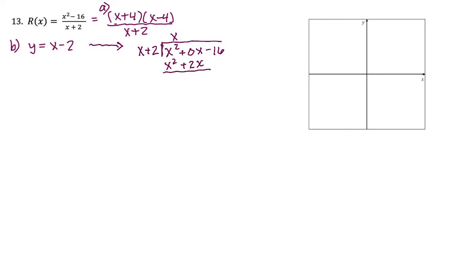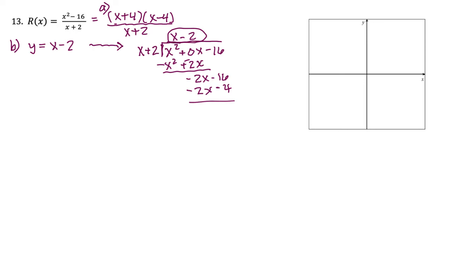Then you're going to subtract those. So you get negative 2x minus 16. And then multiply here a negative 2 and negative 2x minus 4. And then that's all you worry about. So right there's your slant asymptote. That's where that came from.